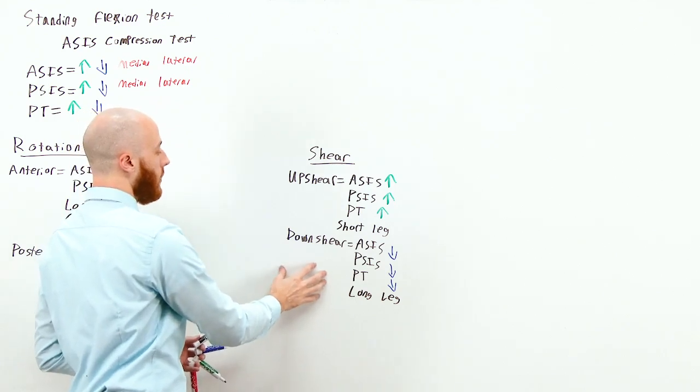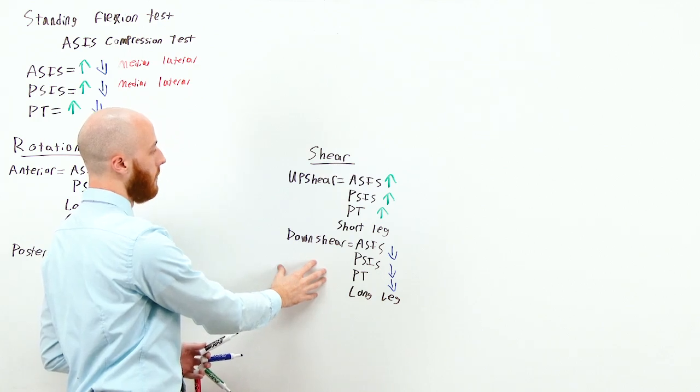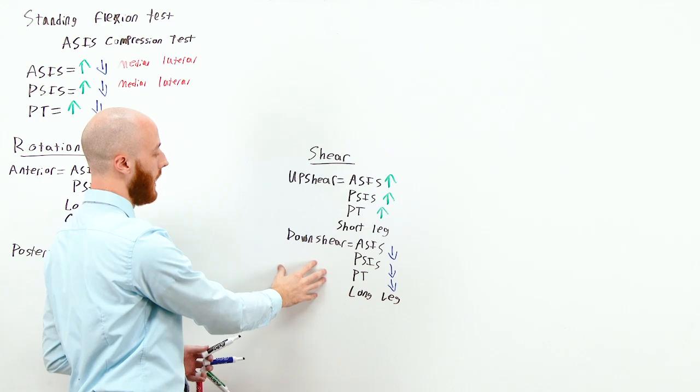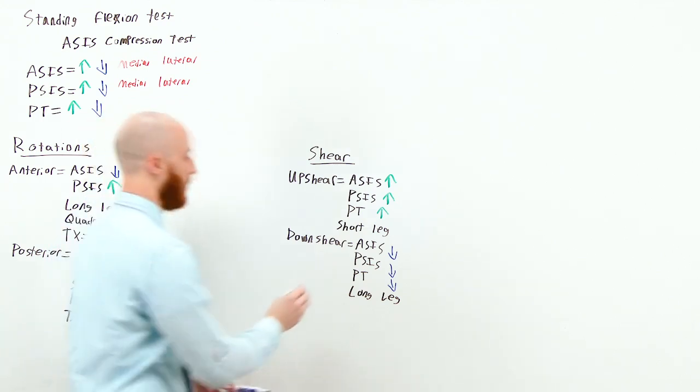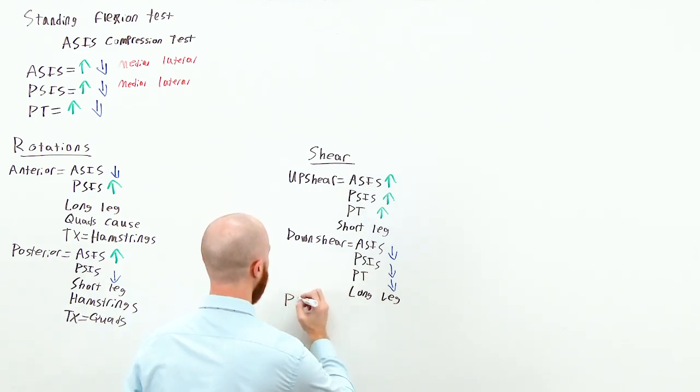There are two other types of shears that you can have. You can have a pubic up shear and you can have a pubic down shear.